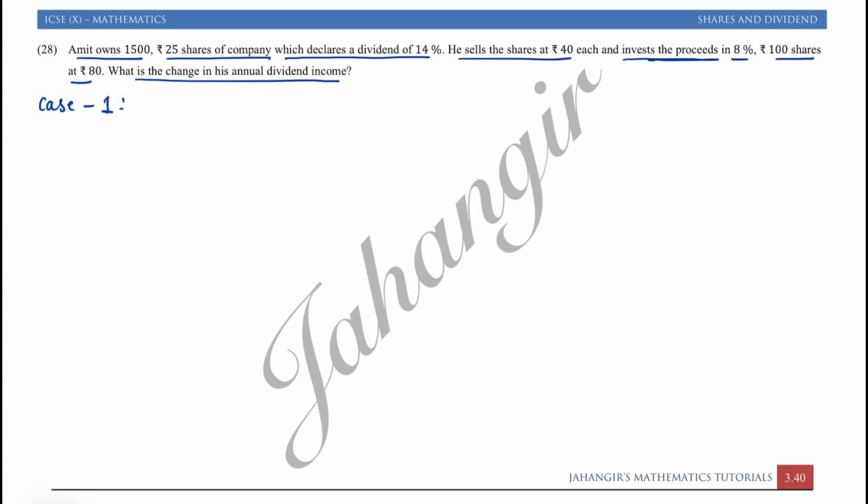So in case 1 we have the number of shares as 1500, rupees 25 shares, that is face value is rupees 25, of a company which declares a dividend, ROD, equal to 14%, and its market value when it was sold is 40.